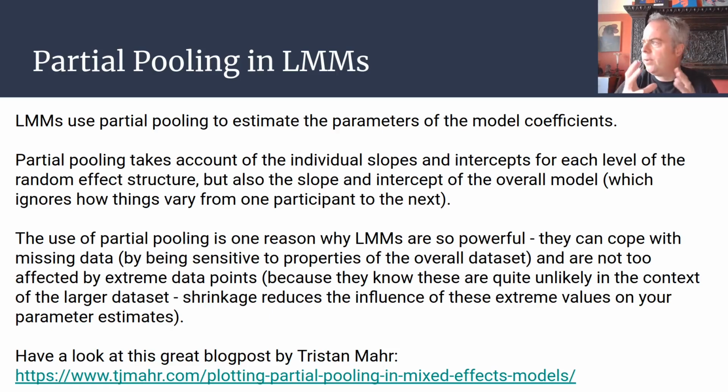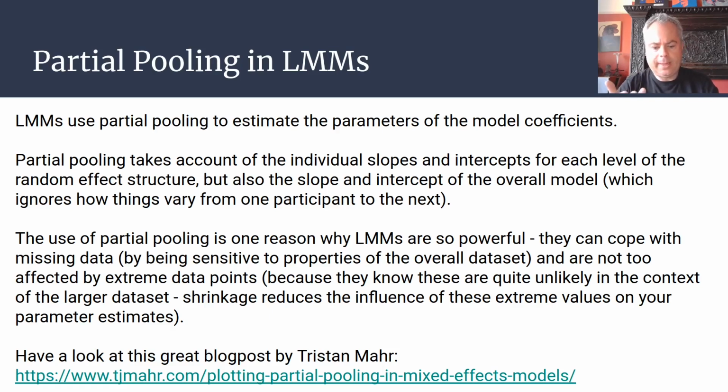So you can think of it as basically building a regression model of the overall data set, but also separate regression models of the individual participants and the individual items, and almost finding the best fit between these sets of models. But the use of partial pooling is one reason why mixed models are so powerful.